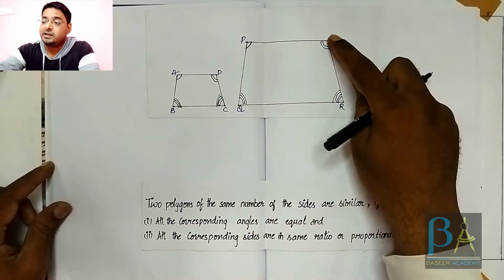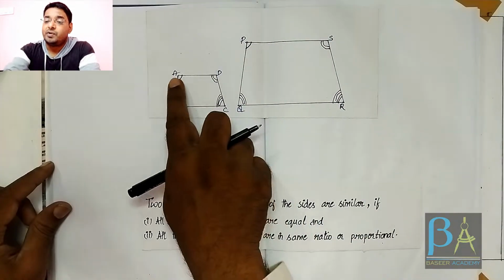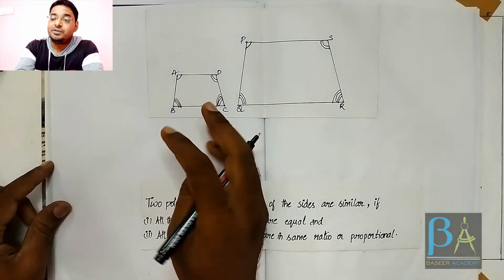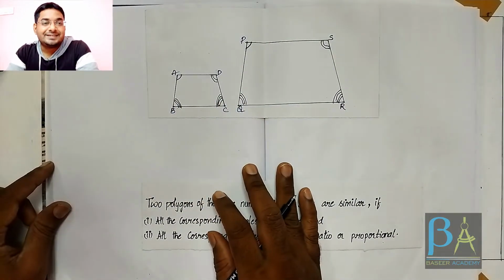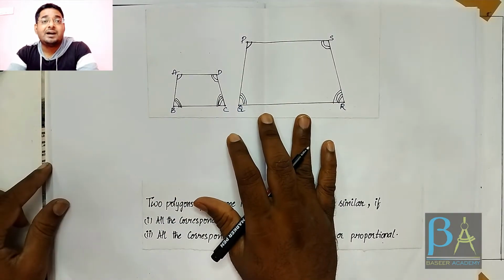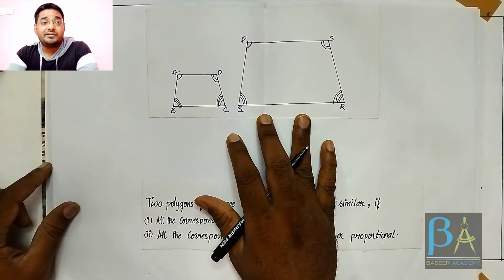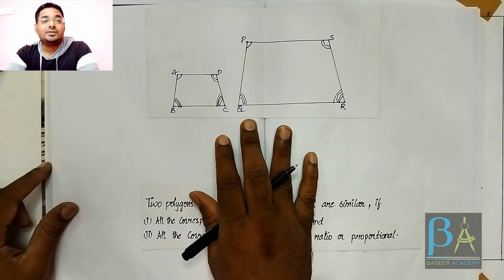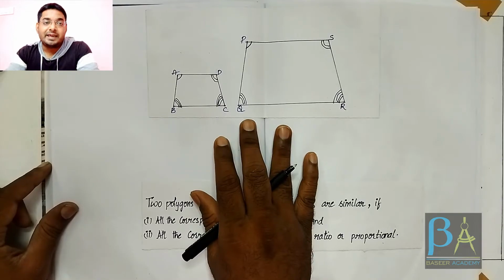For DC, the corresponding side is SR. For AD, the corresponding side is PS. So obviously the ratio of the corresponding sides has to be same. So two polygons having the same number of sides are similar to each other if the corresponding angles are equal and the ratio of the corresponding sides is same.